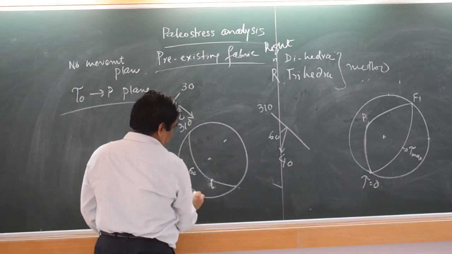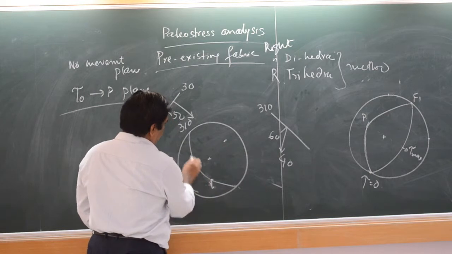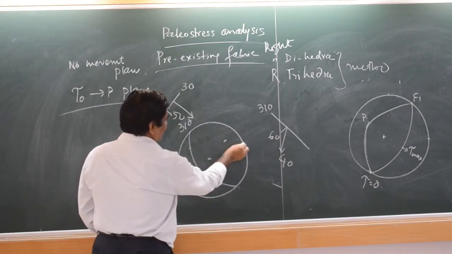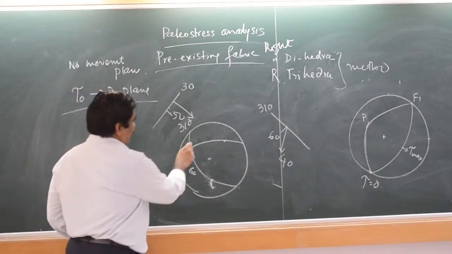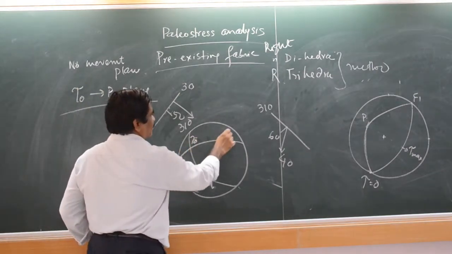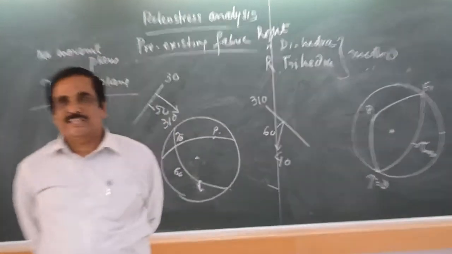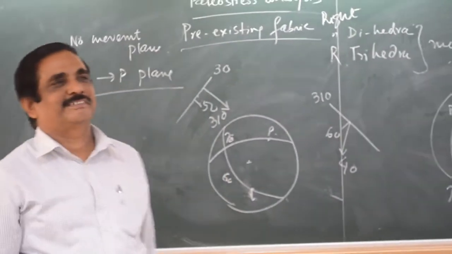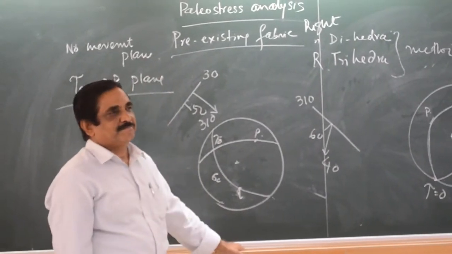So you have done this. No, P0 will be 90 degree here. So this will be T0 and this is the pole. Understand na? So these are two different procedures. Different procedures to do.